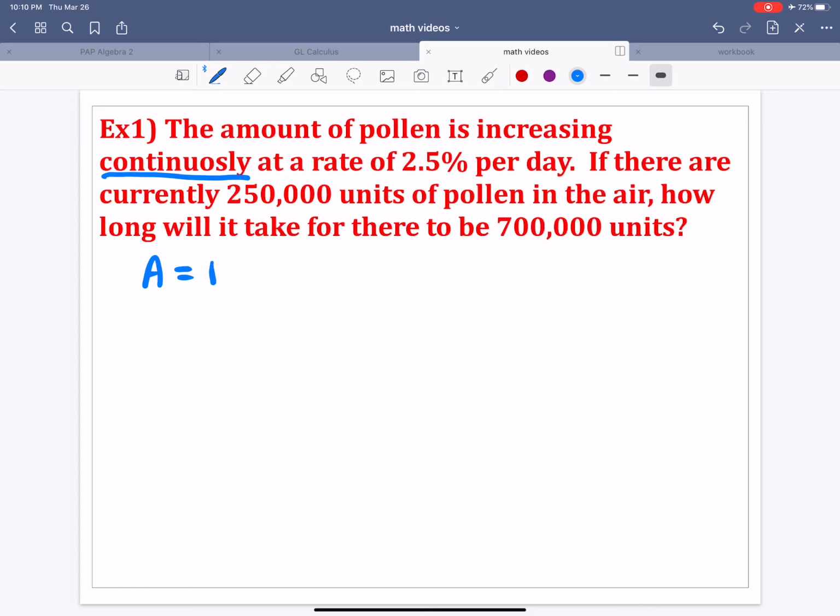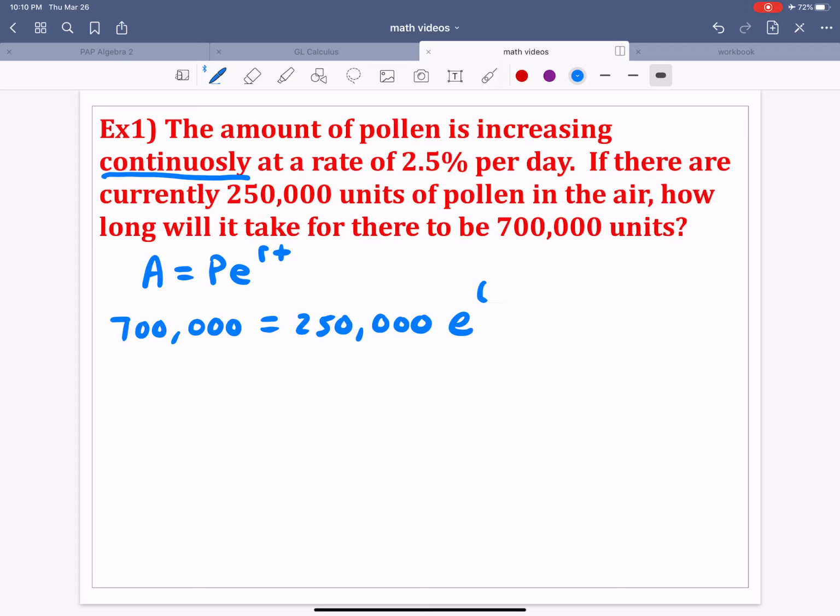Okay, so we're going to write our equation. I'm going to write it a few times until we remember it. A equals PERT. A is the future value. In this scenario, our future value is 700,000 units of pollen. Our present value, today's value, is 250,000. So that's going to be e to the r, the rate.